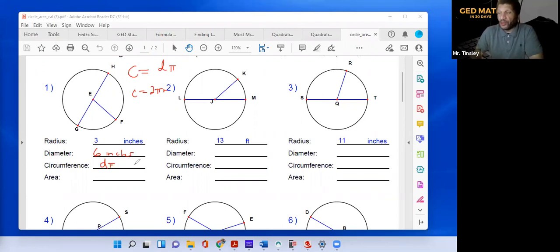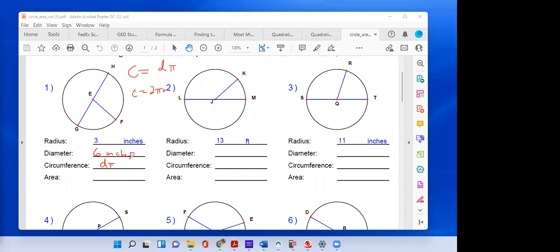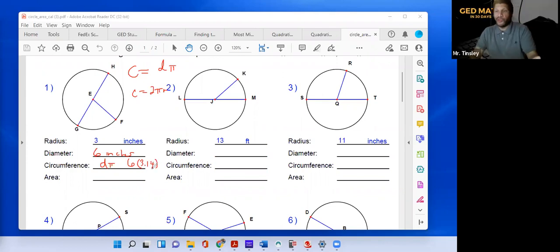What is our diameter from this question? 6 inches. And what is pi? On a formula sheet it's 3.14. So to find the circumference, all you're doing is multiplying diameter times pi, which is 3.14.